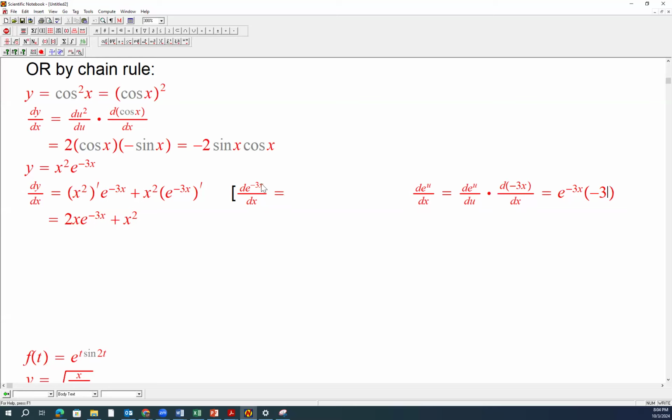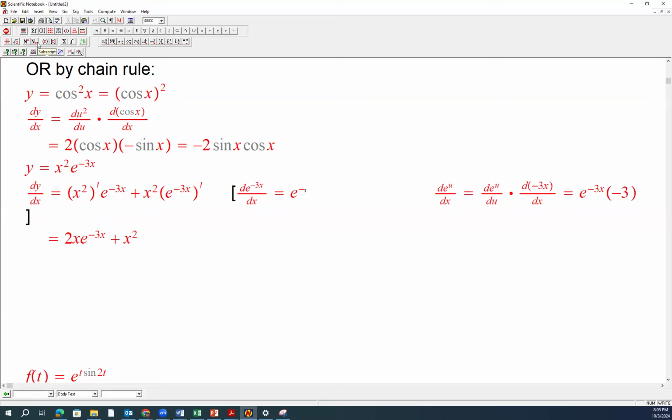Or you don't have to introduce the u explicitly, you can just introduce it implicitly. So in your mind, this is e to the power u with respect to x. There's inconsistency there. So you're going to differentiate e to the power of something with respect to that something, which is going to be e to the power of that something.